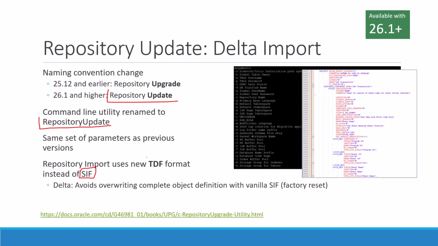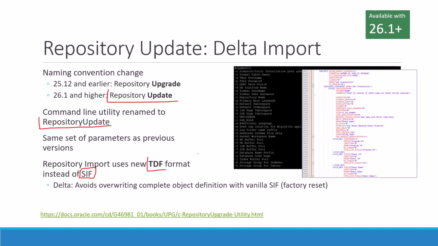Now you get the same amount of information, but in a much more compressed TDF format. So I learned yesterday from Brian that it's true delta file. And the delta is defined such that it contains only the atomic changes that Oracle made, like changing a user property, adding a field to a BC, and stuff like that.